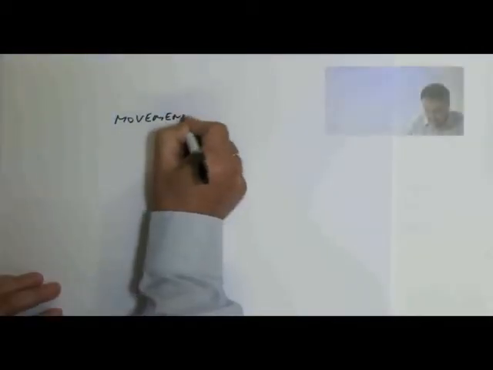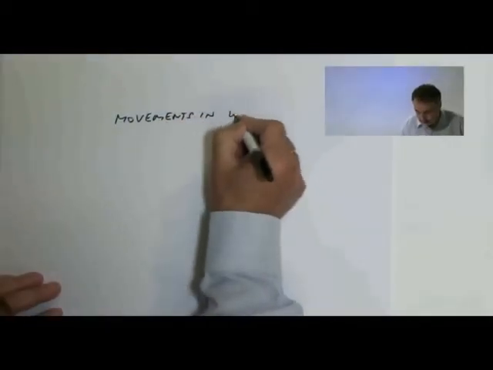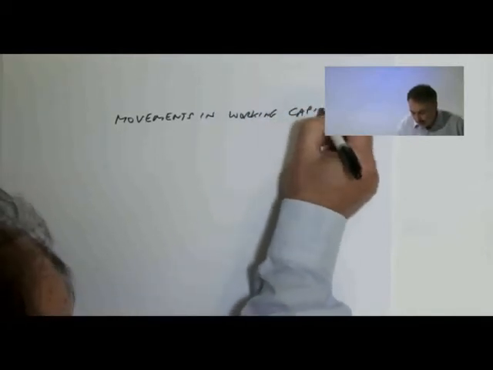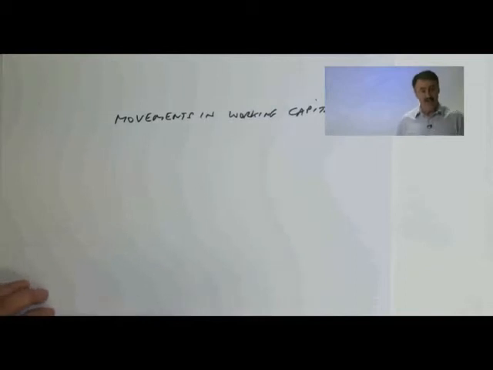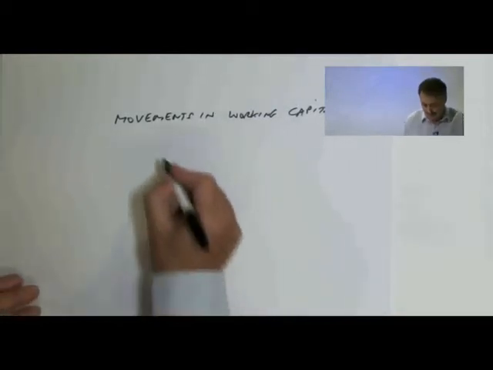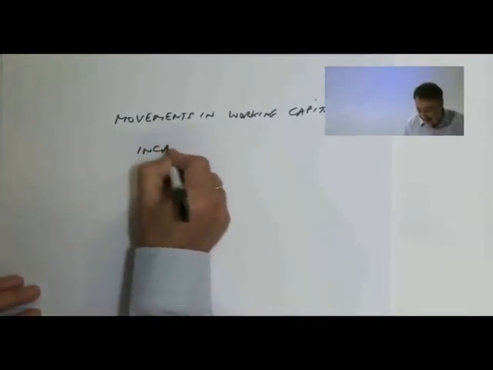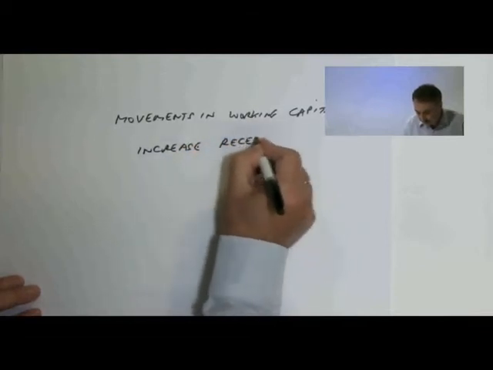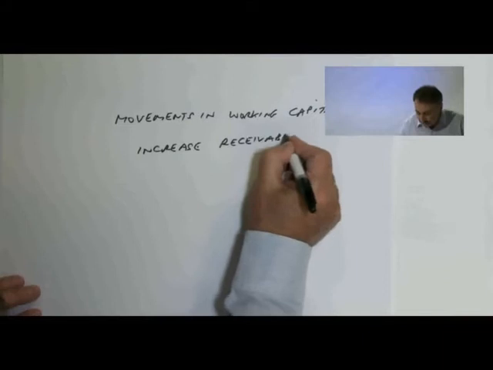In our pro forma cash flow statement, I would look at my movements in working capital. Movements in working capital, and we have increase or decrease in receivables. So we have here, let's say, increase in receivables.